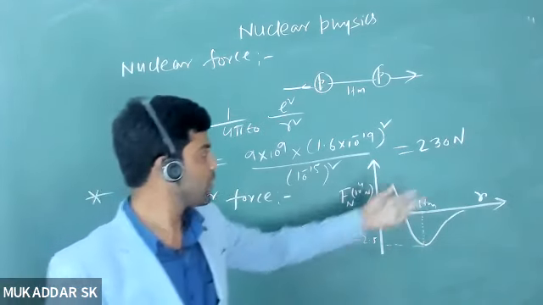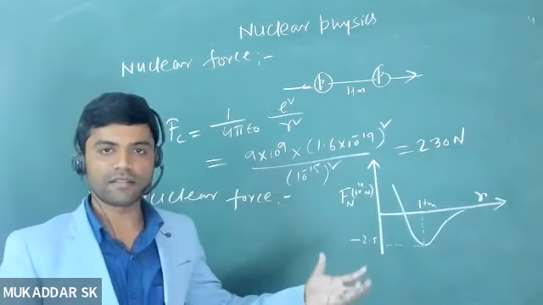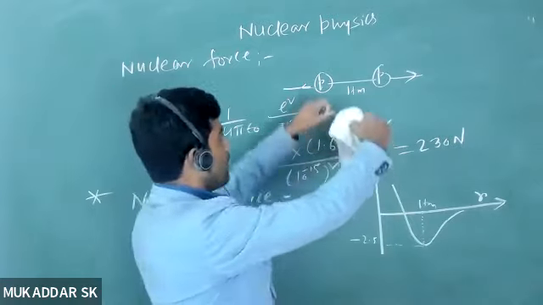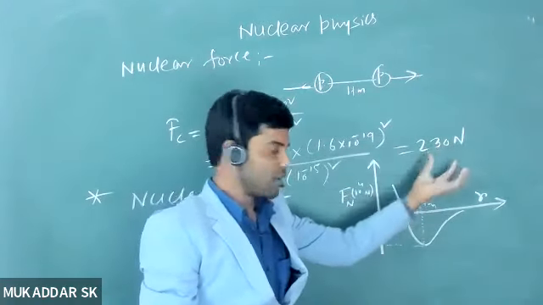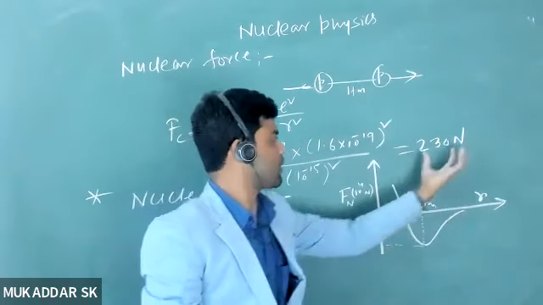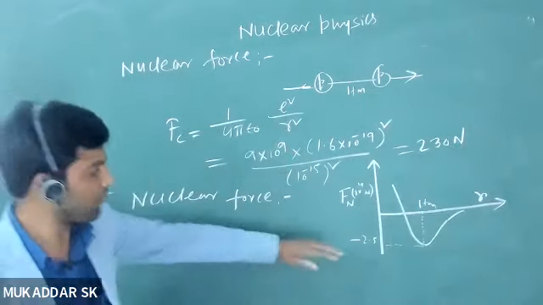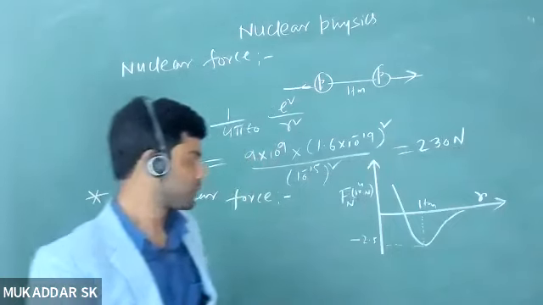And in front of that, 230 Newton is nothing. 25,000 on one side is attractive, and the Coulomb repulsion is only 230 Newton.